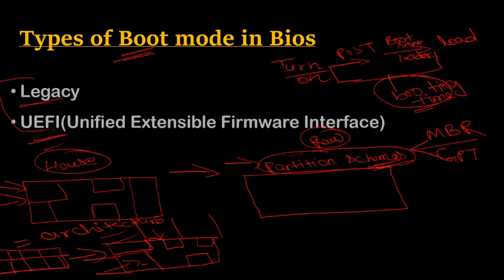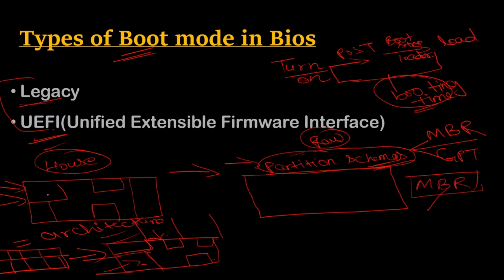Now understand what MBR and GPT mean, and which partition schema we have to use. Suppose I use MBR. In MBR we have two types of partition. Partition is like your room, your space which you occupy.